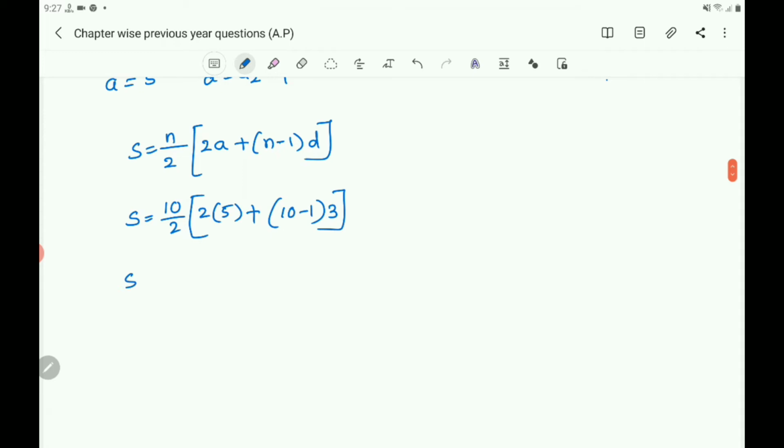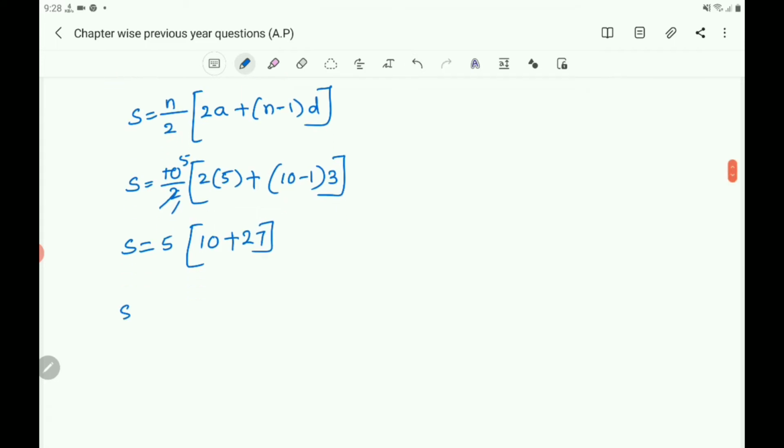That equals S equals 10 by 2 is 5, and 2 5s are 10, plus 10 minus 1 is 9, 9 into 3. 9 into 3 is 27.